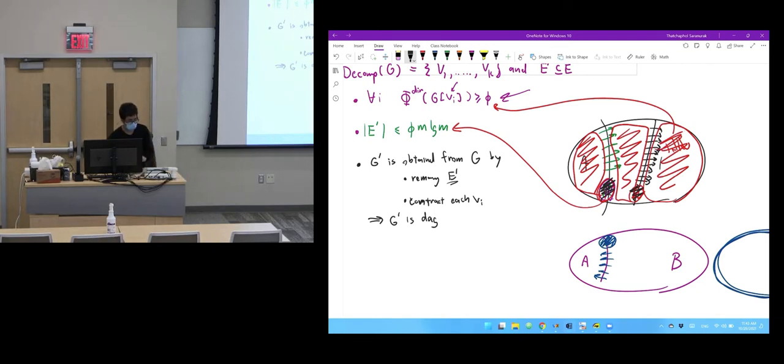So in the directed graph, you can say that every graph is a disjoint expander with few crossing edges.